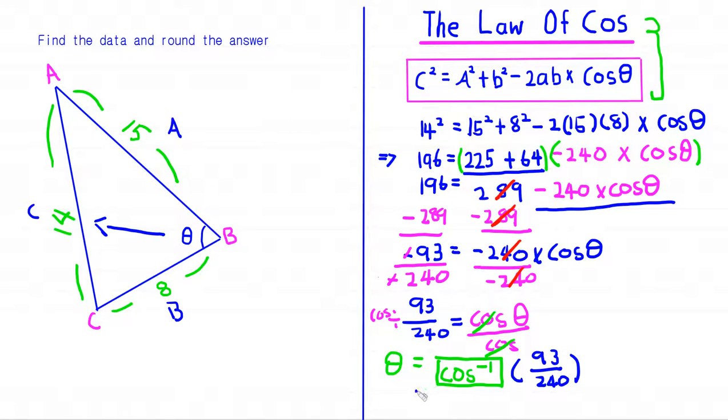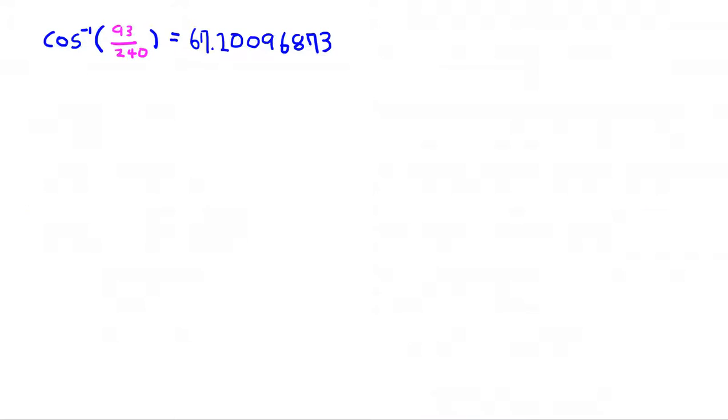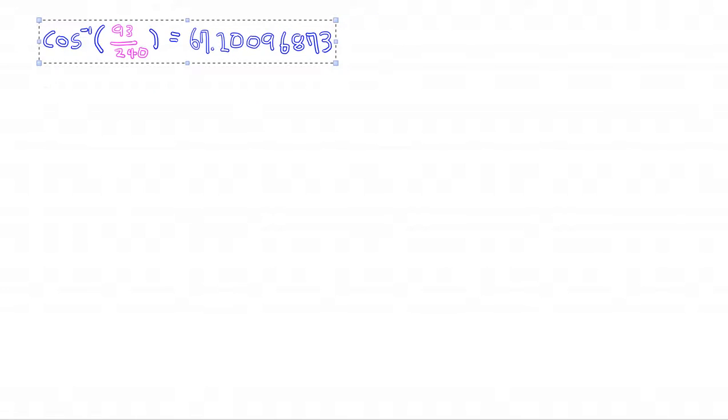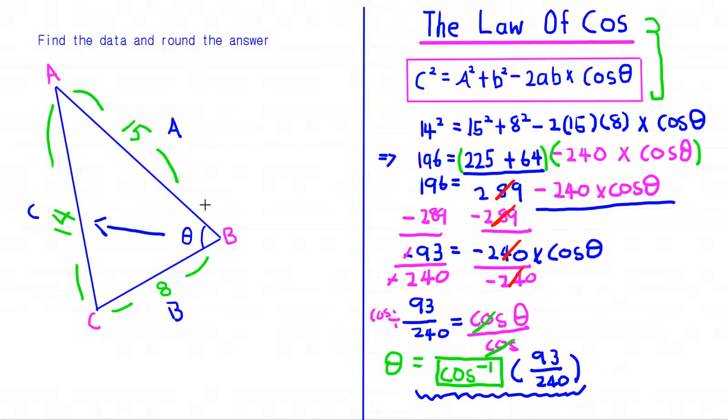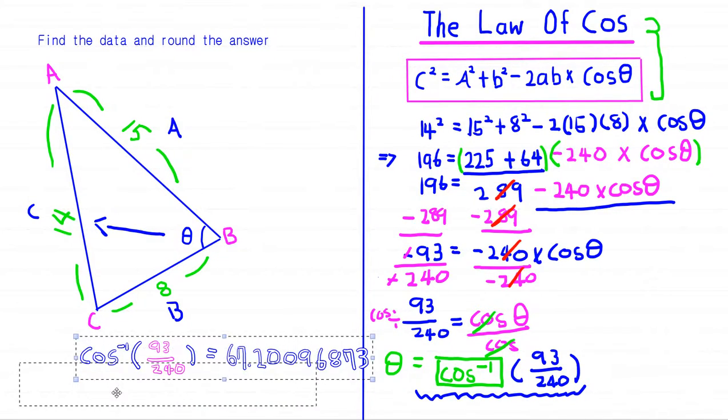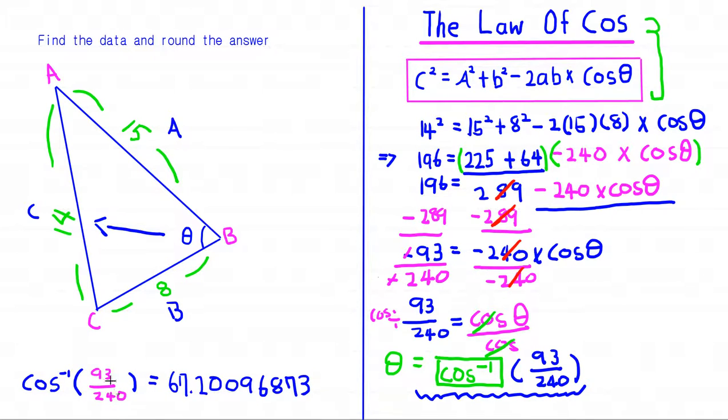If we calculate this expression, we could get the answer. I already typed the answer and wrote it here. Cosine inverse of 93 over 240 is equal to 67.2, and so on. If I round my answer to the nearest degree, it will be just 67 degrees.